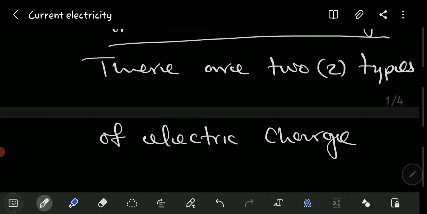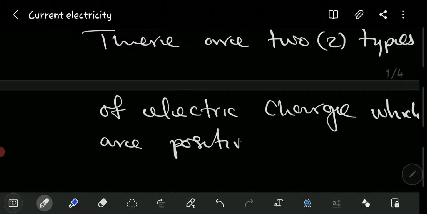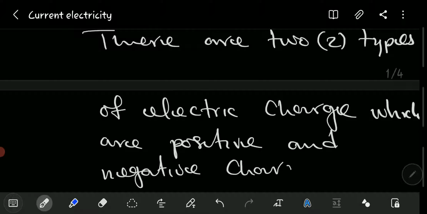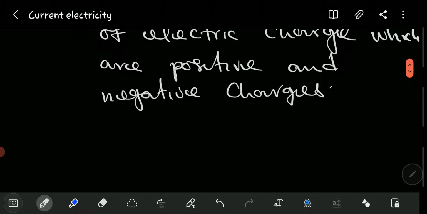There are two types of electric charge, and these are positive and negative charges. Now, since we only have two types of charges, positive charge and negative charge, let's try to dig in a little bit deeper into these charges.